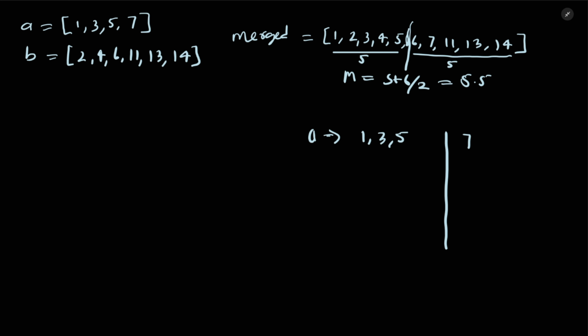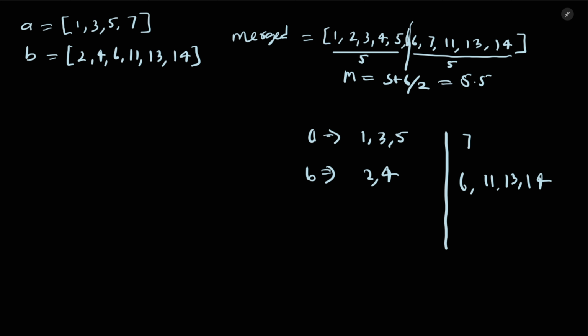So on the right side I have 7, and if I look at the same thing in array B, then I have 2 and 4 from array B, and I have 6 11 13 and 14 on the right side from array B.